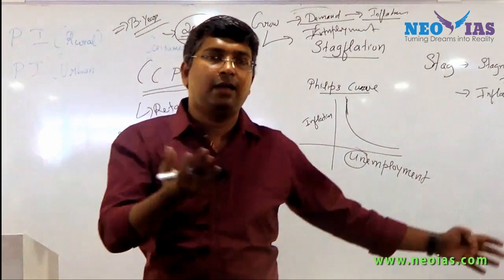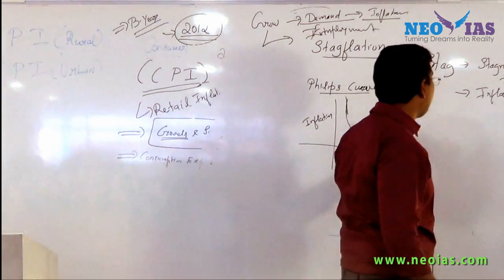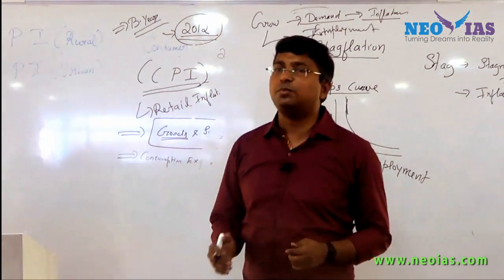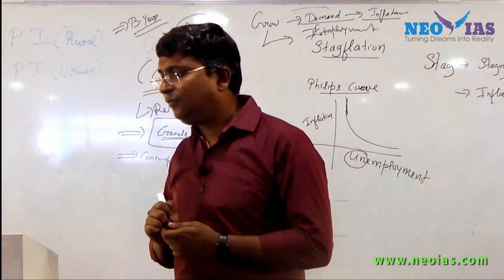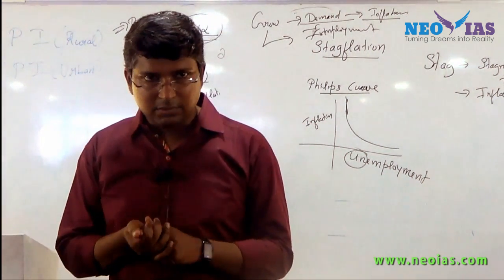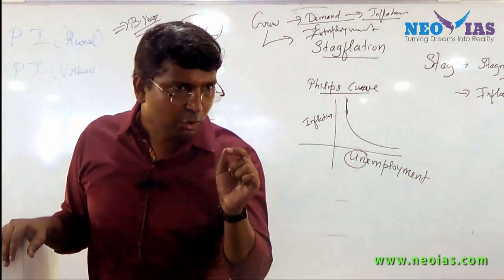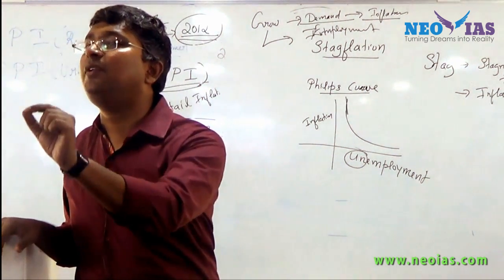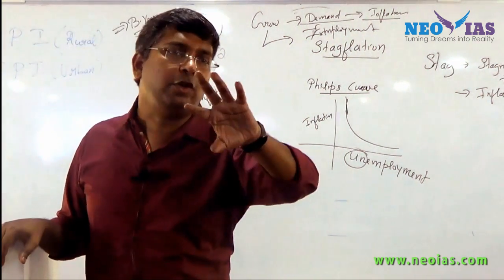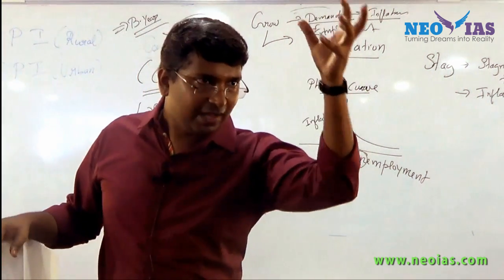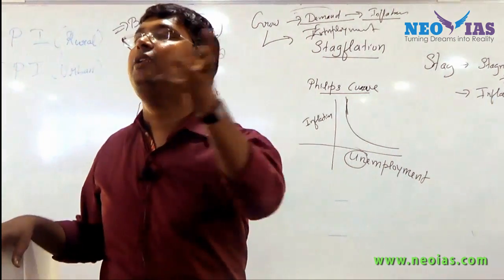So it is contradicting the Phillips curve. Just have an idea. More than the Phillips curve, the concept of stagflation is important. What you need to know is, what is stagflation? Stagflation is the existence of both phenomena, that is stagnation and inflation.